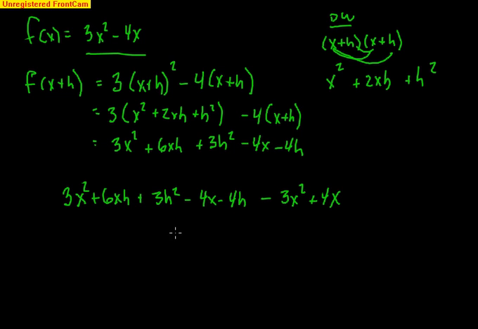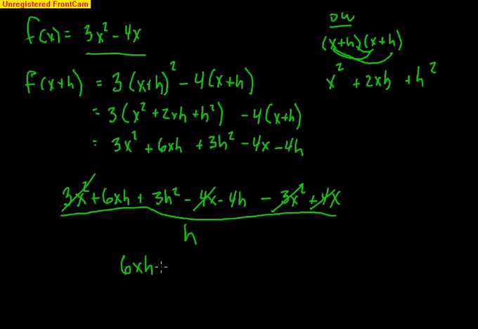Don't forget, you have to run that minus through. And the formula says divide, wow, it's an ugly divide bar, everything by h. So look what's going to cancel. Lots of stuff should cancel. 3x squared, negative 3x squared. Negative 4x, positive 4x. So I'm left with 6xh plus 3h squared minus 4h, all divided by h.